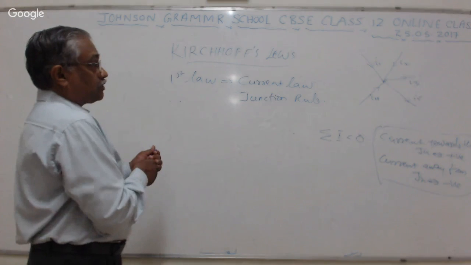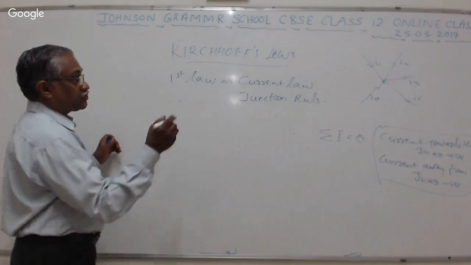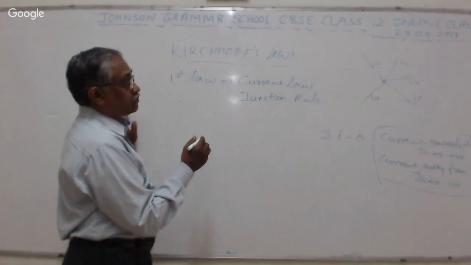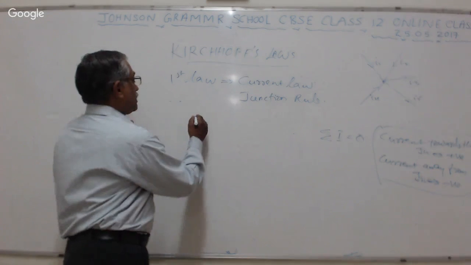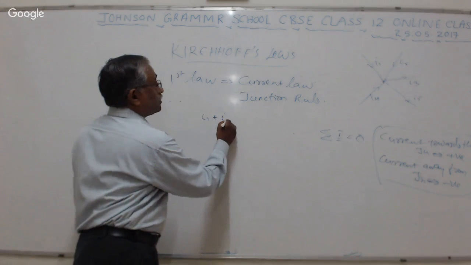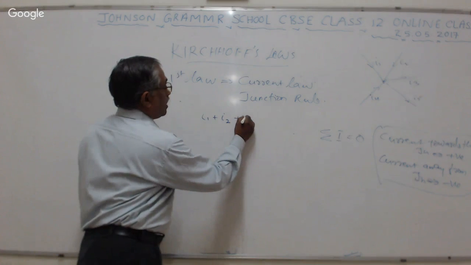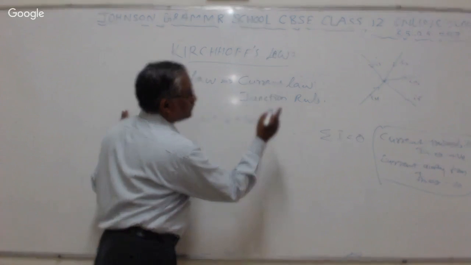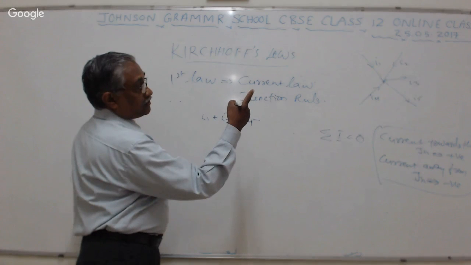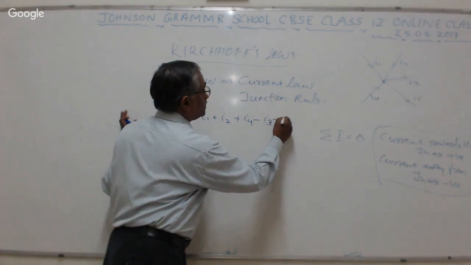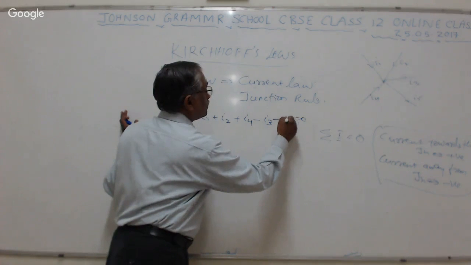I told you that current towards the junction is positive. So which currents are coming towards the junction? That is I1, I2 and I4. So we say I1 plus I2 plus I4, minus I3, which is going away, minus I5, is equal to 0.